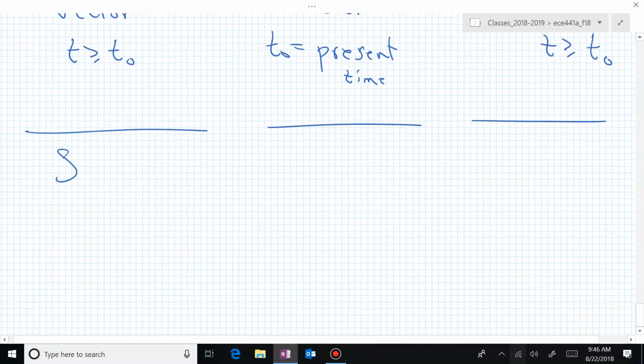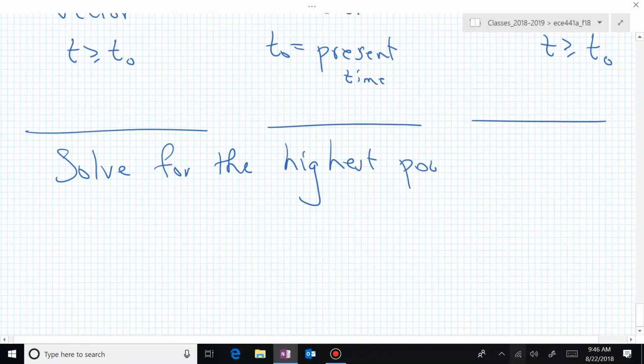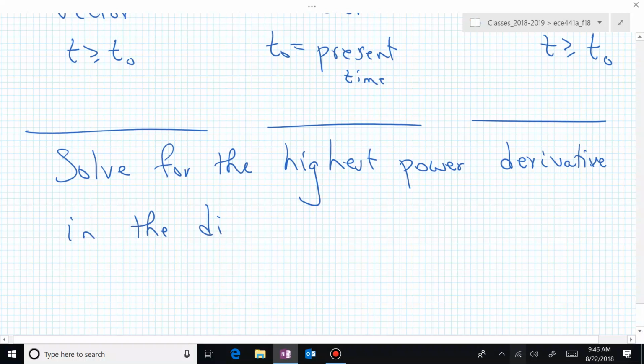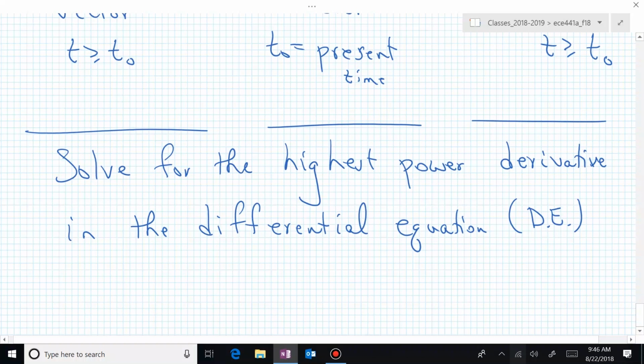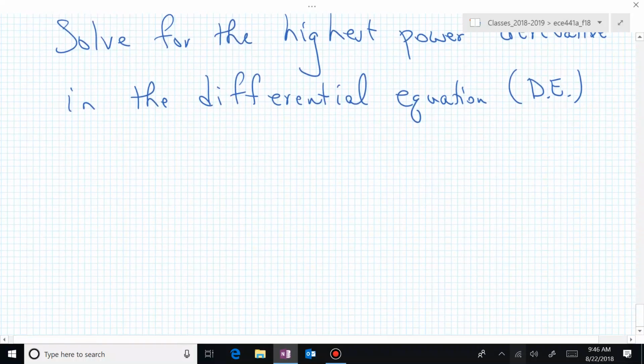Let's now solve for the highest power derivative in the differential equation. And in the future, I might just refer to that as the DE.